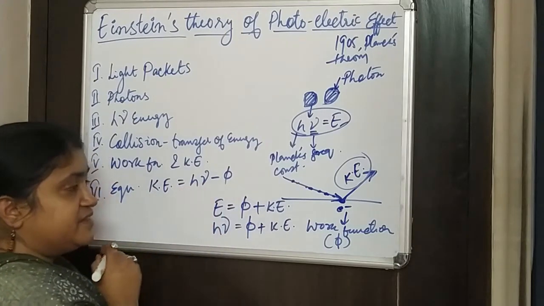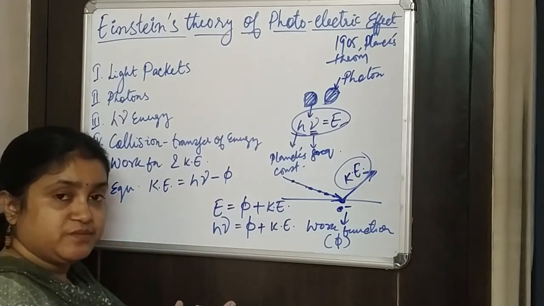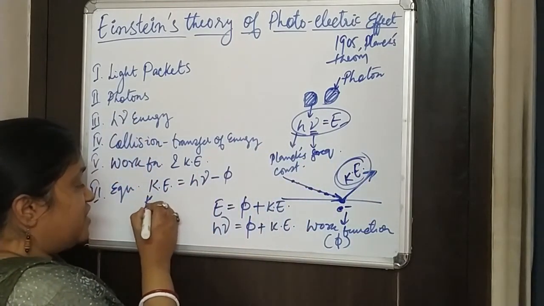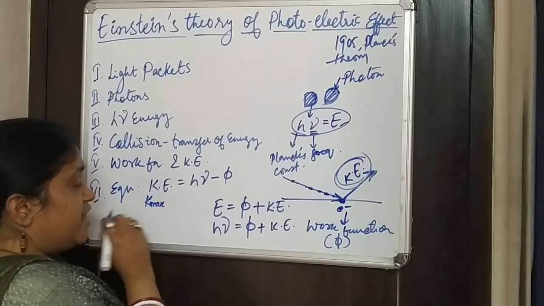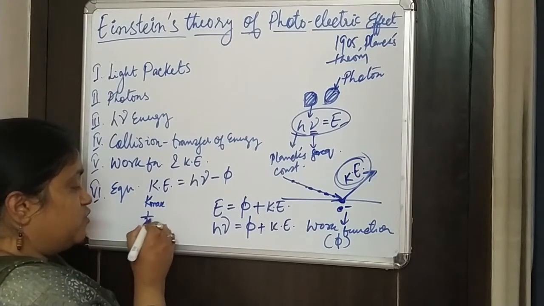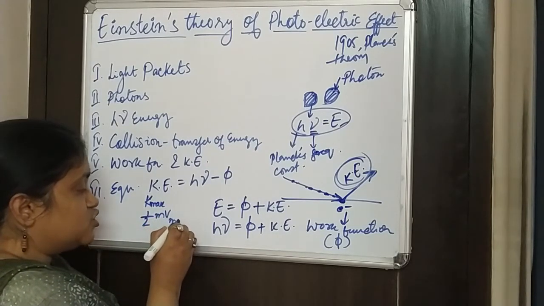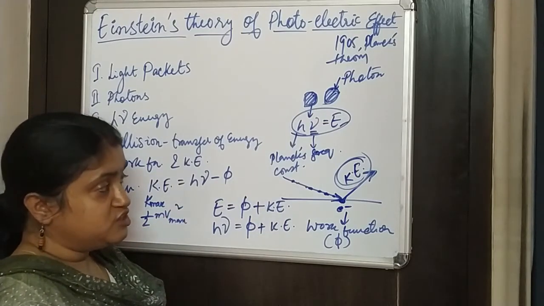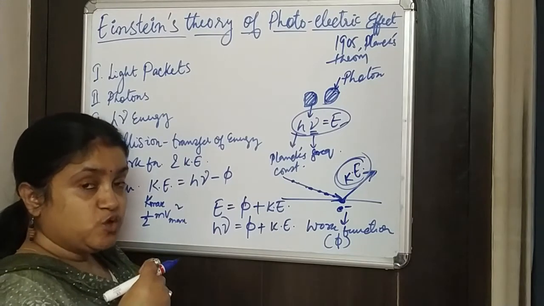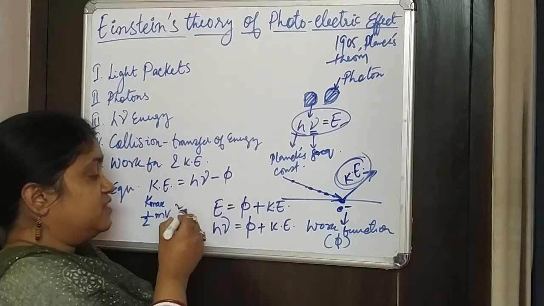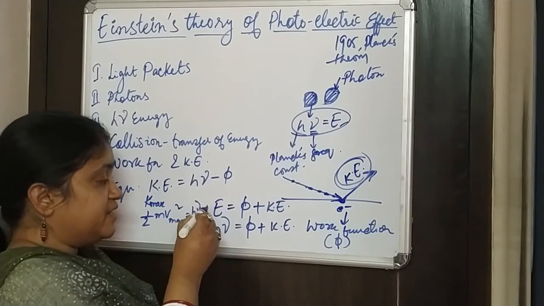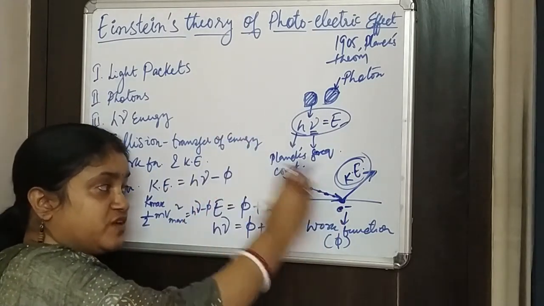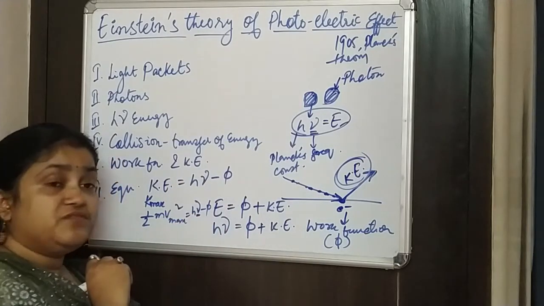From here, the kinetic energy is maximum, which we have already seen and called K max, and K max will be equal to half m v max square. So the maximum velocity with which the electron comes out depends on h nu minus phi, meaning whatever amount of energy you provide, which depends on the frequency.